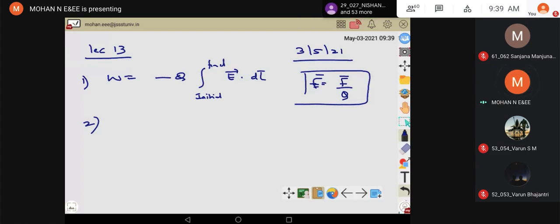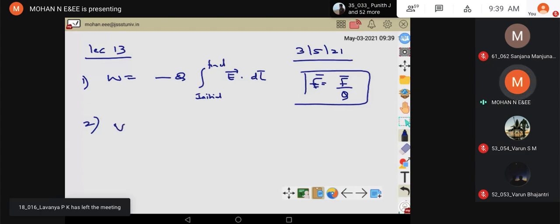Okay, and potential difference we have seen. It is nothing but moving the charge from point B to A in the field. So work done in moving unit charge from point B to A in the given electric field is known as potential difference.